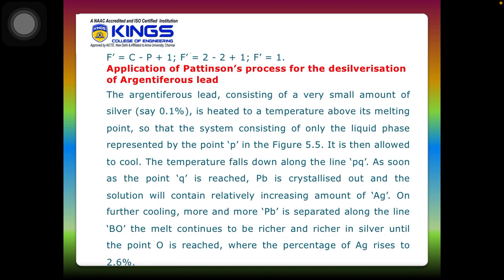The temperature falls along the line PQ. As soon as the point Q is reached, the lead is crystallized out and the solution will contain a relatively increasing amount of silver. On further cooling, more and more lead is separated along the line BO. The melt continues to be richer and richer in silver until the point O is reached, where the percentage of silver rises to 2.6%.